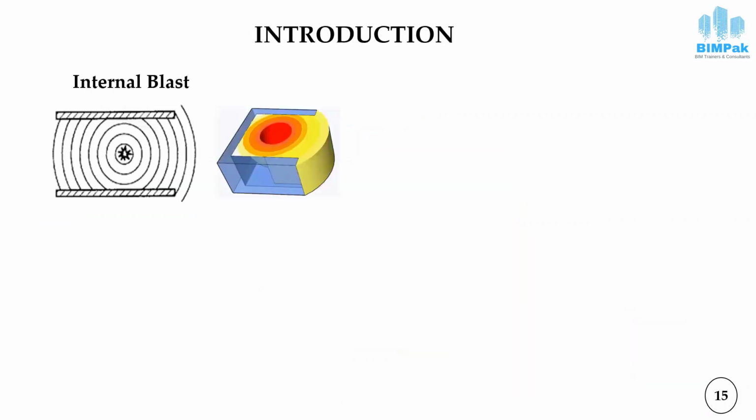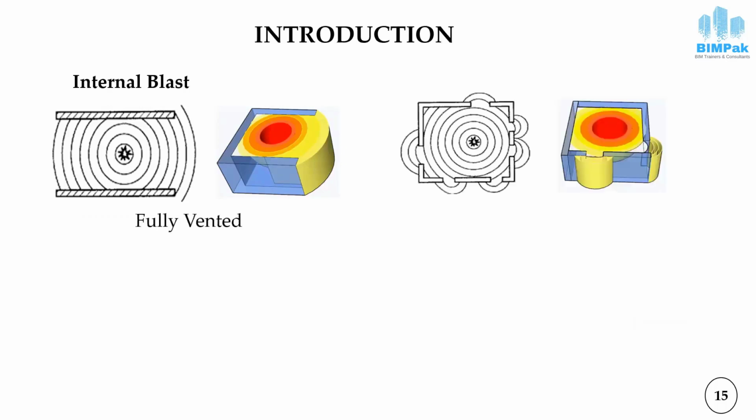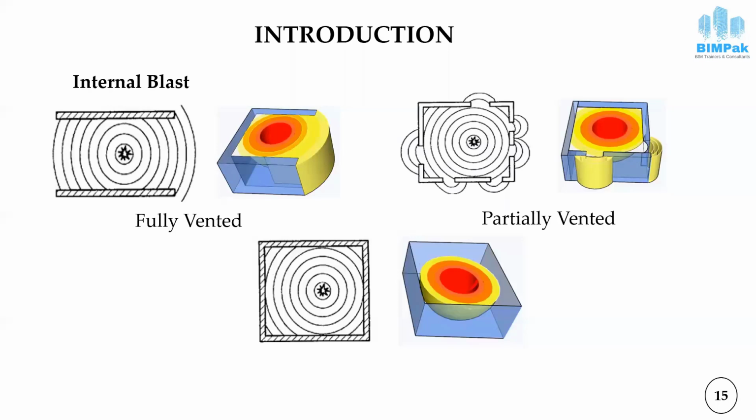This is some pictorial introduction of internal blast. Here we can see that in this picture, the shock wave is confined from two sides, and the remaining two sides are open. So the pressure can be released to the atmosphere through this opening.